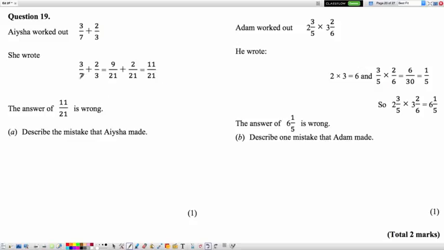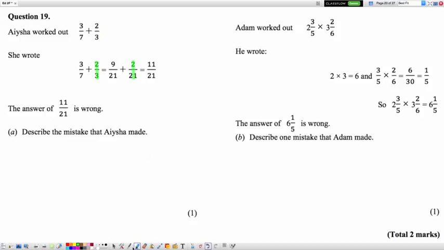The denominators are 7 and 3, and she changed them to 21. She tried to get equivalent denominators. So from 7 to 21 we multiplied by 3, so we multiply 3 by 3 to get 9. But we can see here that the 2 over 3, she has left the same numerator.